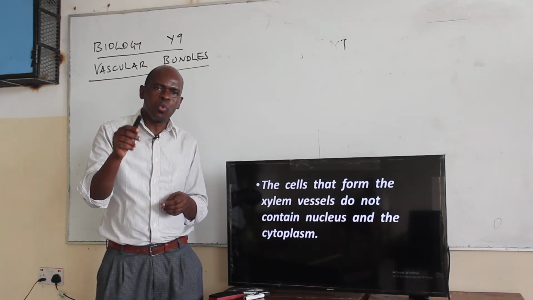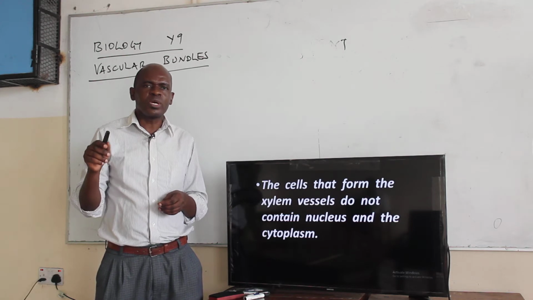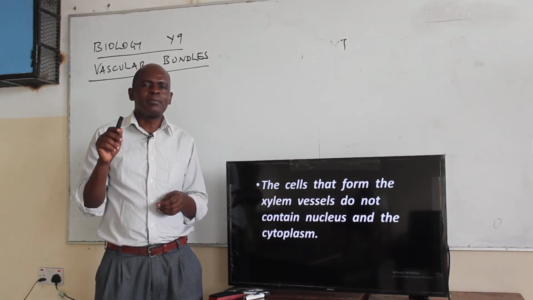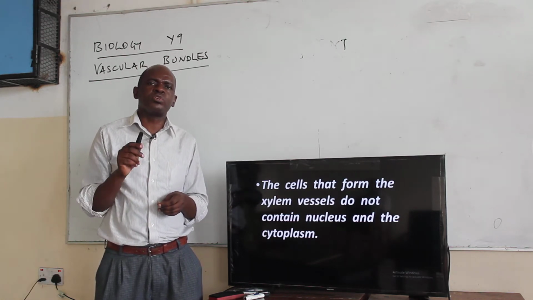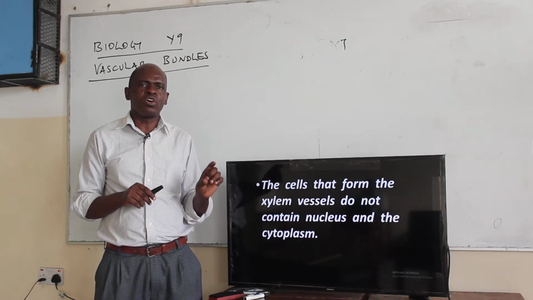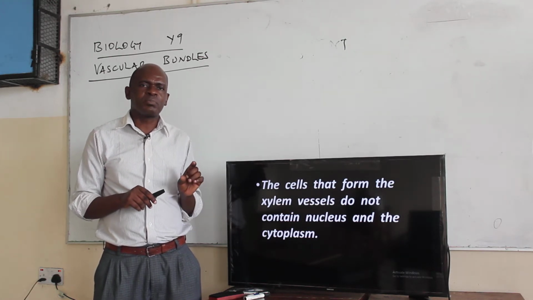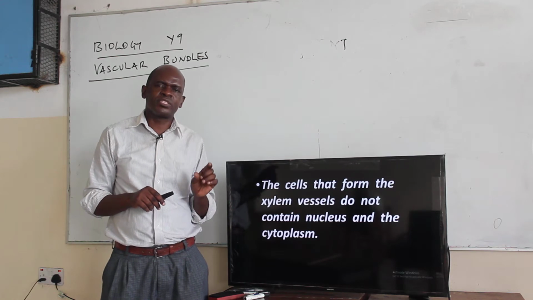it is transporting water. If the nucleus were there, then a message or communication would be made such that part of the water would be used up by the xylem vessels.